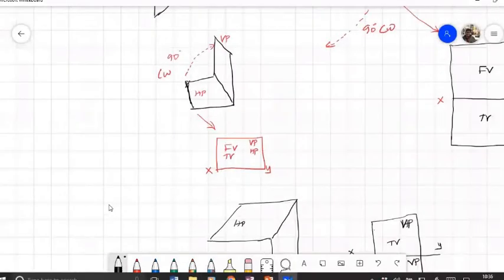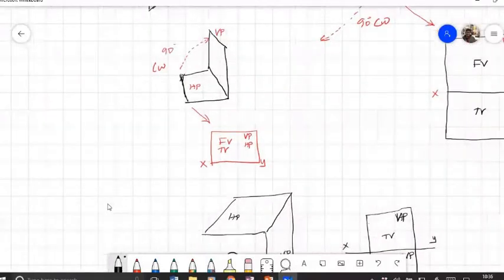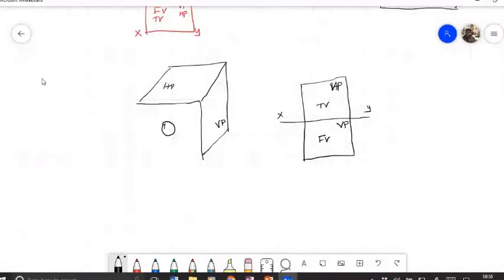And what about the fourth quadrant? Can someone answer that? Sir, both of the planes will get overlapped in orthographic. So both will overlap. So is it above the reference line or below the reference line? Below the reference line.